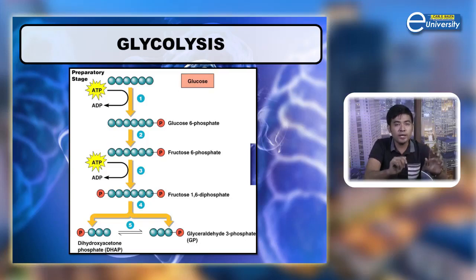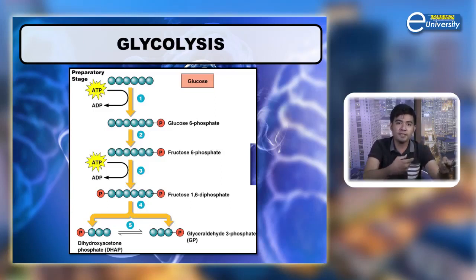So again, we invested two ATP molecules. But in the process of glycolysis, we can produce four molecules of ATP in every division. Since we invested two molecules of ATP and harvested four molecules of ATP, the net gain of ATP is two molecules.